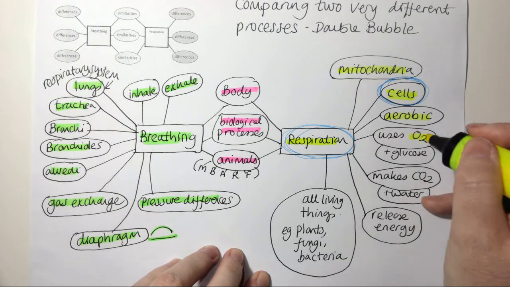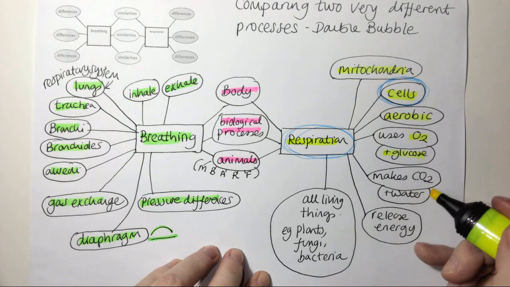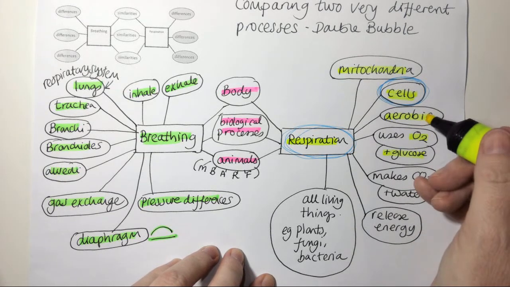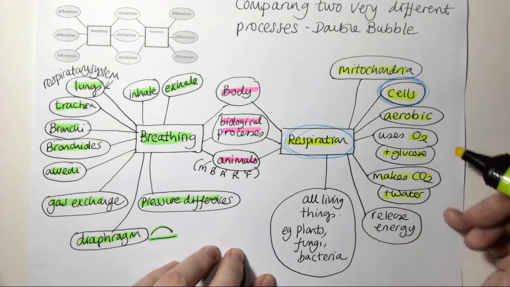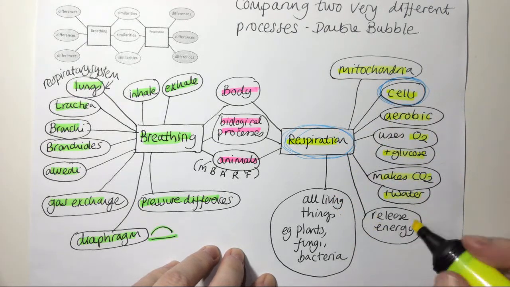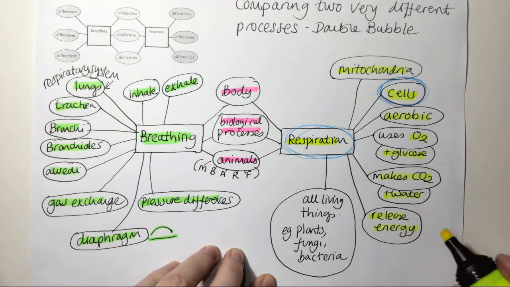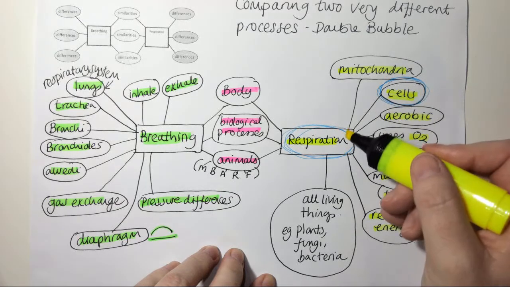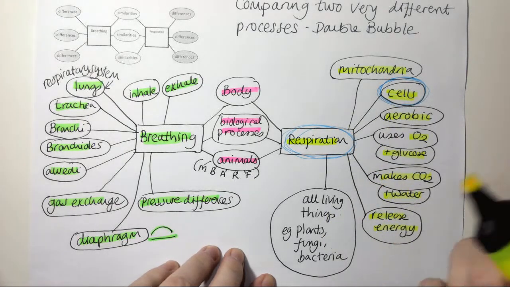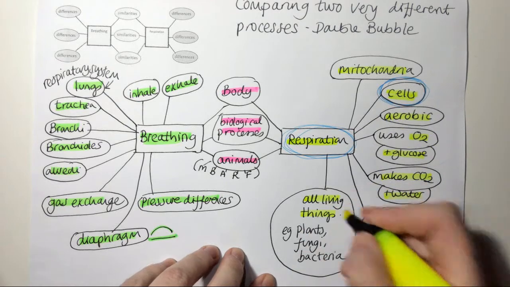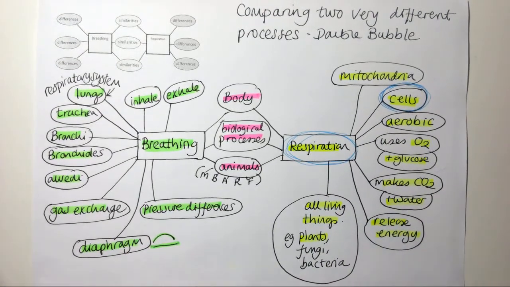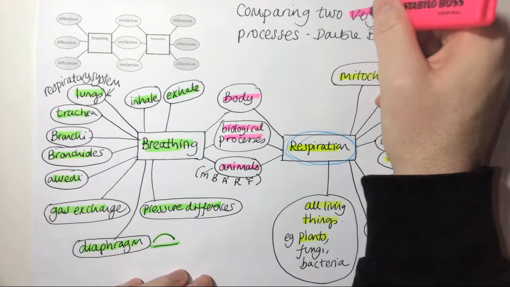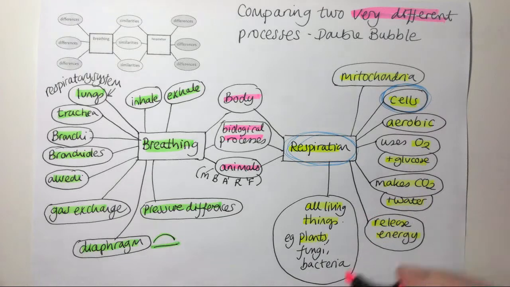Well, it uses oxygen gas, and it also uses glucose from food. What does aerobic respiration make? It makes carbon dioxide gas and water. What's the point of aerobic respiration? To release energy. And in which cells does respiration happen? Well, respiration happens in all living things. Plants are living things.